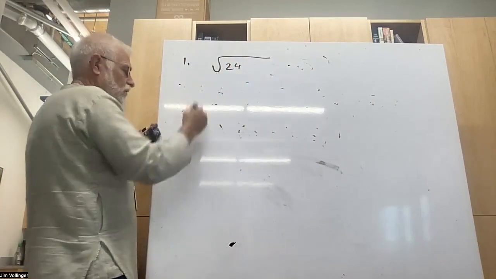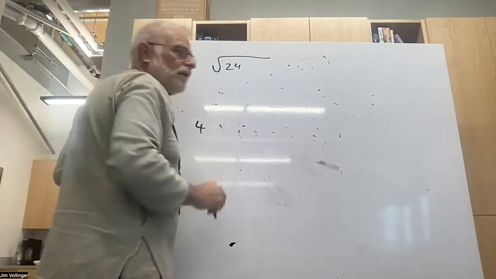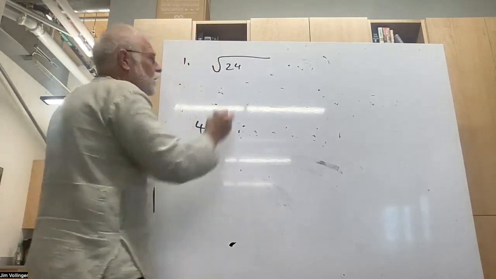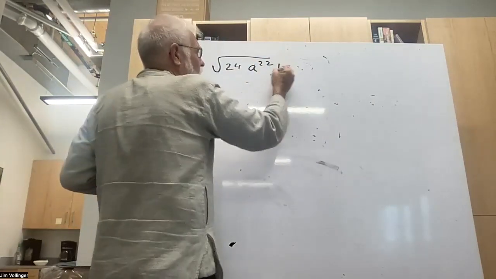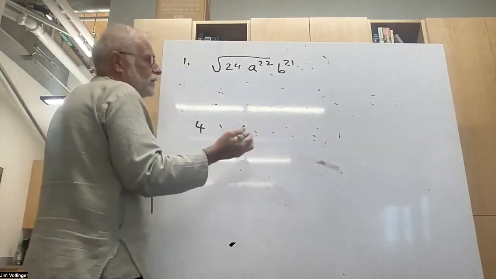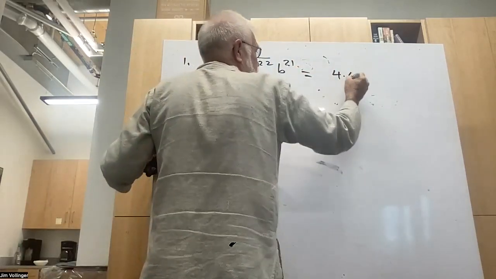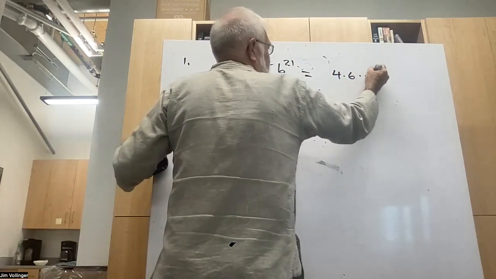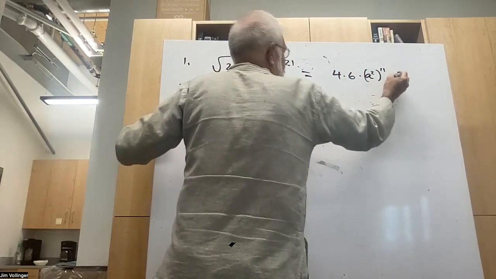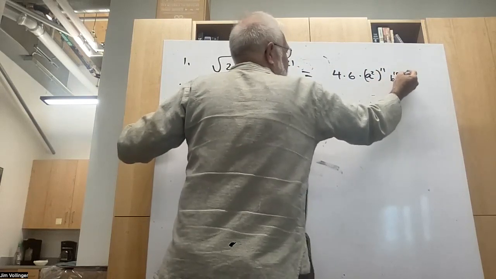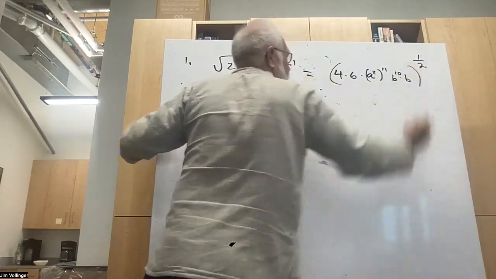So I got to write the square roots. 4. Oh, bingo. Yeah, all right. So I already got a bingo. A 22 and B 21. All right. So we said that you can write this as 4 times 6 times A squared 11 times B 10 times B, and all of that is being square rooted.